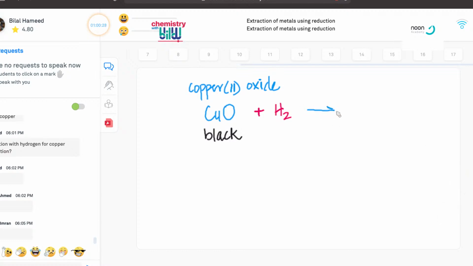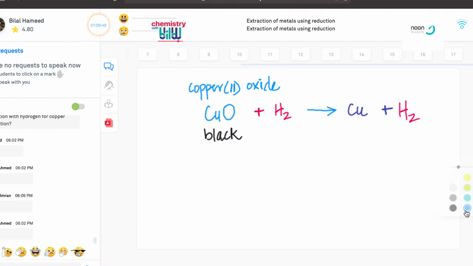And the idea is that if I pass pure hydrogen gas over copper oxide, simply speaking, because hydrogen is more reactive than copper, what happens? Copper forms and hydrogen takes the water. So hydrogen accepts the O from copper. Why? Because what was hydrogen's job? Hydrogen gets oxidized and copper gets reduced. And how do I know that?